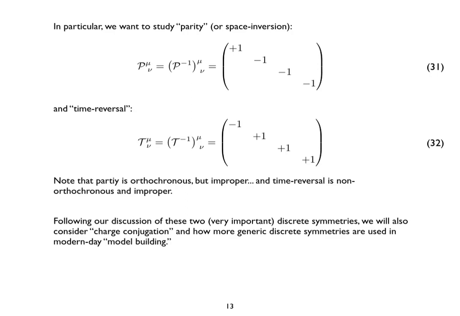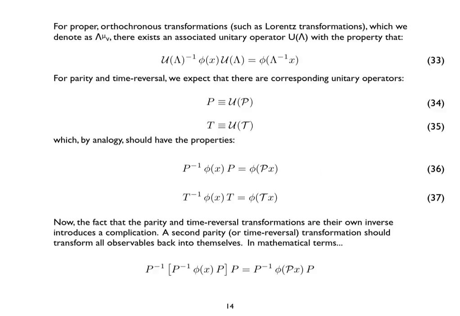The two that we know about from quantum mechanics are parity and time reversal, right? Parity is just space inversion, and time reversal is obviously reversal of time, right? And so we wanted to look into the implications of these symmetries.